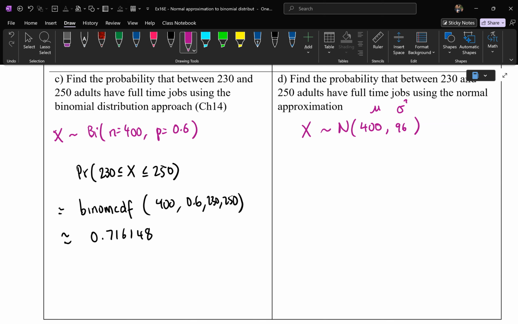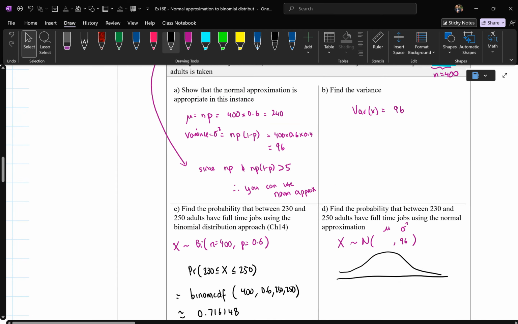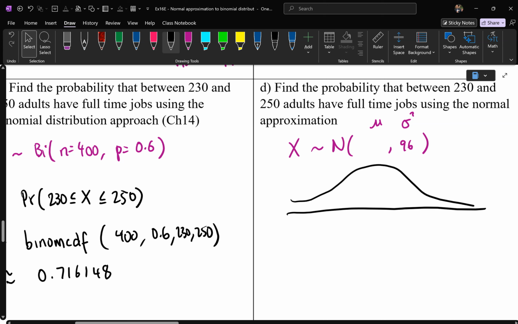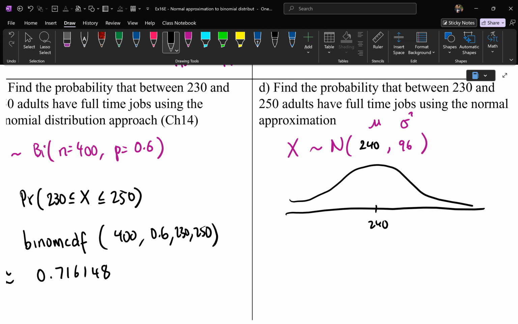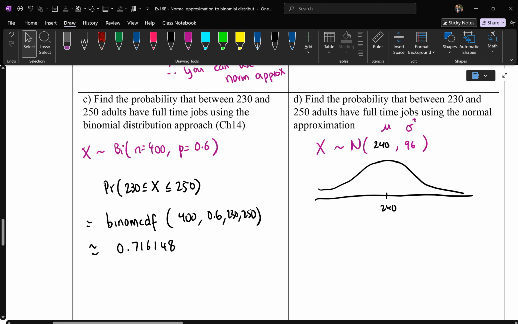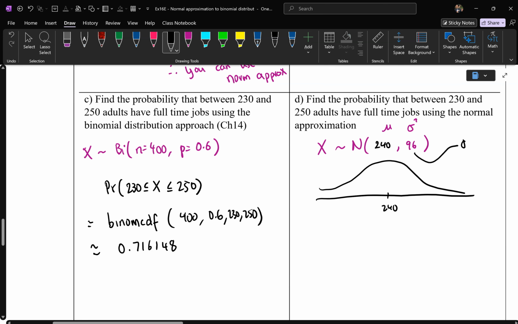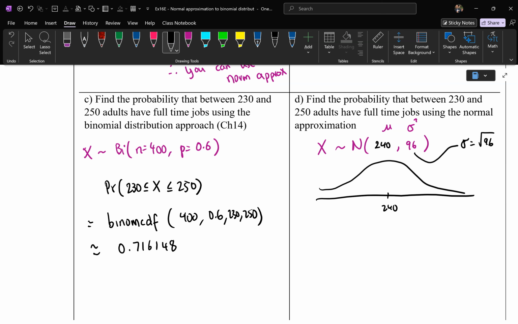We are still finding the same thing. Here's our normal distribution. Wait, sorry, that's the mean. What's our mean again? 240, thank you. So the mean is 240. Standard deviation is the square root of 96.